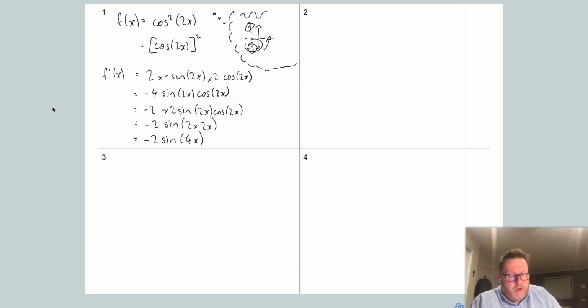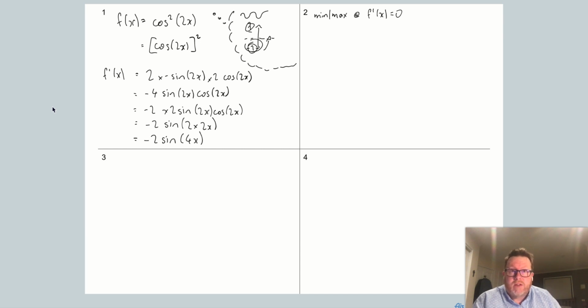I'll keep it zoomed out so we can see it all. So what does that mean? We know that there are minimum and maximum values at the derivative equal to 0. Just because it's a trigonometric function doesn't change that basic fact about derivatives.